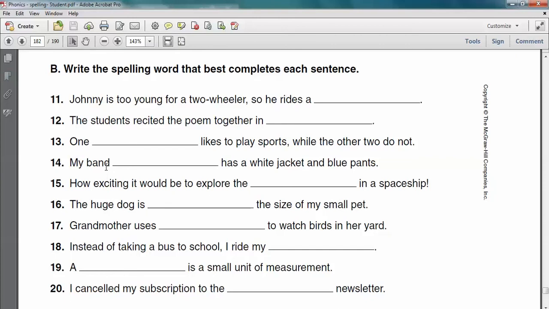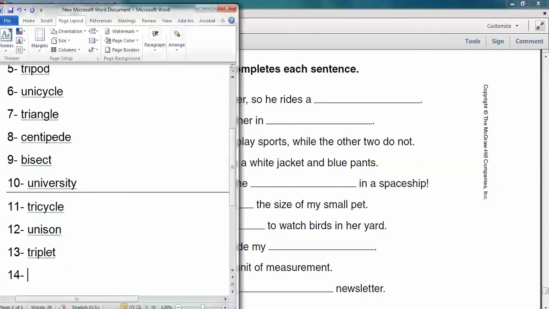Number 14, my band, what, has a white jacket and blue pants. His band or his team, all of them dress in the same way. So it is a uniform. They wear the same uniform.